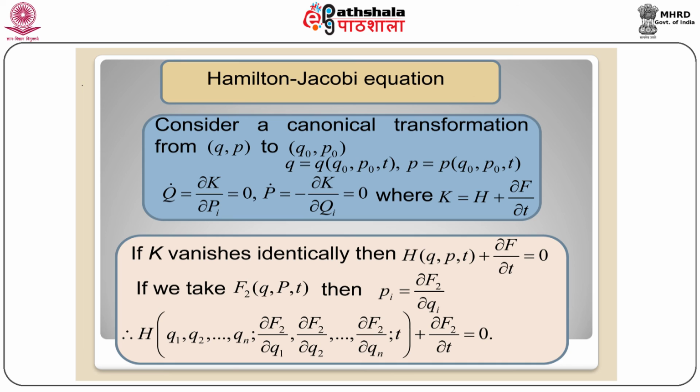The equations of motion are capital Q dot equal to first order partial derivative of capital K with respect to capital Pi, which vanishes, and capital P dot equal to first order partial derivative of capital K with respect to capital Qi with a negative sign, which is 0, where capital K is the transformed Hamiltonian, equal to Hamiltonian plus del t of capital F. If capital K vanishes identically, then we have right hand side equal to 0.